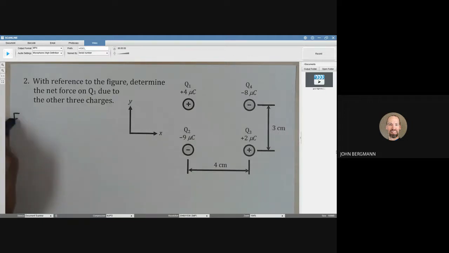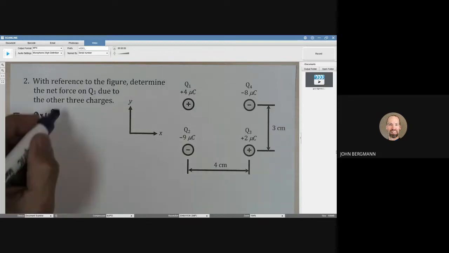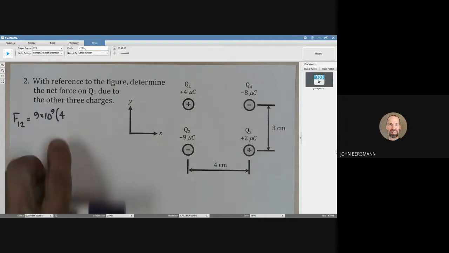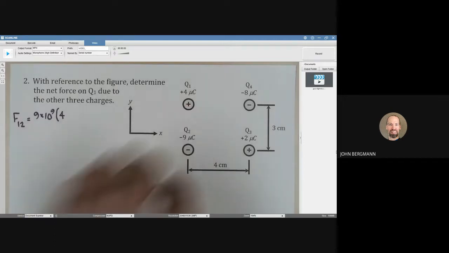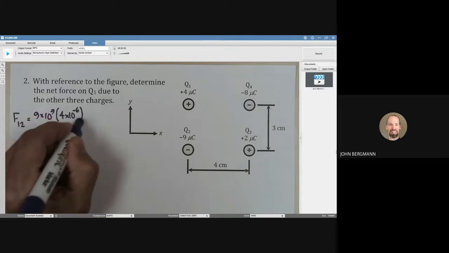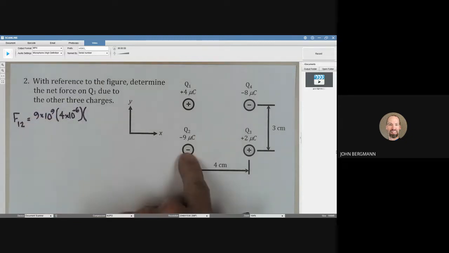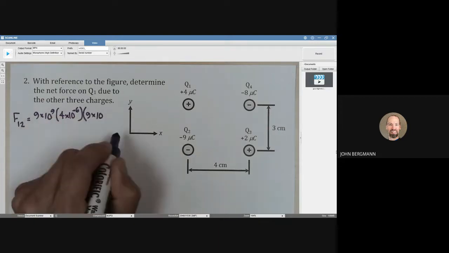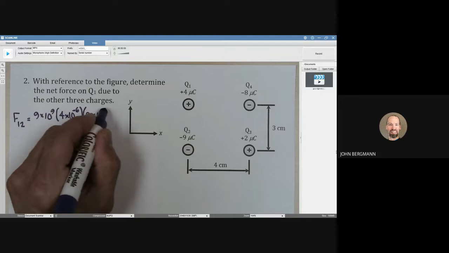Let's show you what we mean by that. The force on charge 1 is equal to, Coulomb's law is K sub C, which is 9 times 10 to the ninth. I'm going to leave the units off here because the units are all going to be right. The charge of Q1 is 4 microcoulombs, that's 4 times 10 to the negative 6th coulombs. And the magnitude of the charge on 2 is 9 times 10 to the negative 6th coulombs.